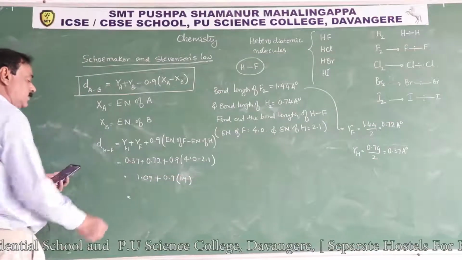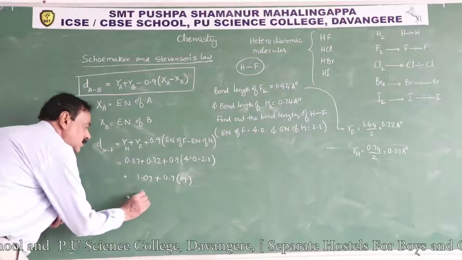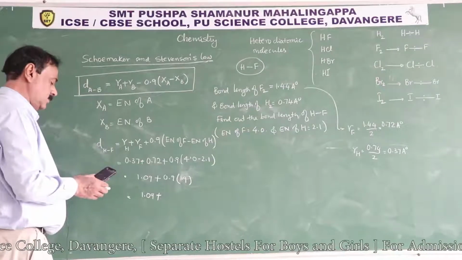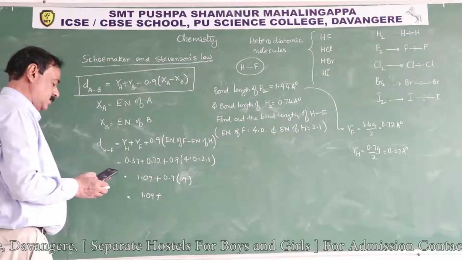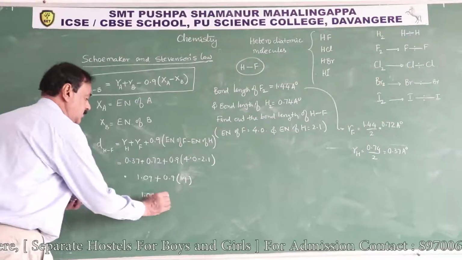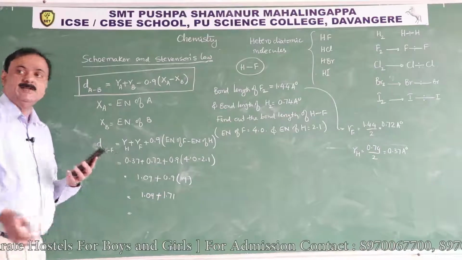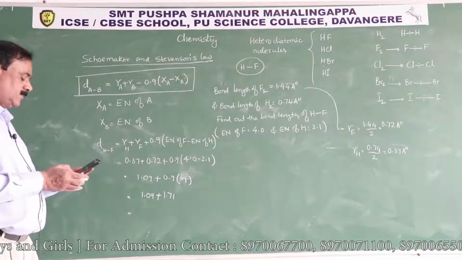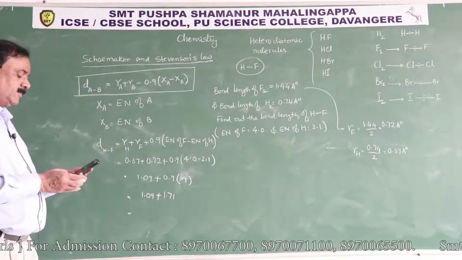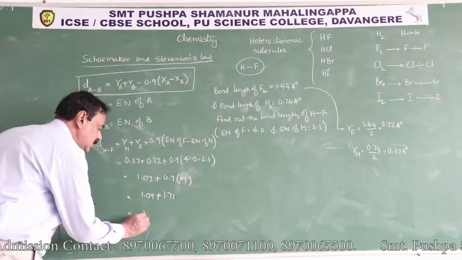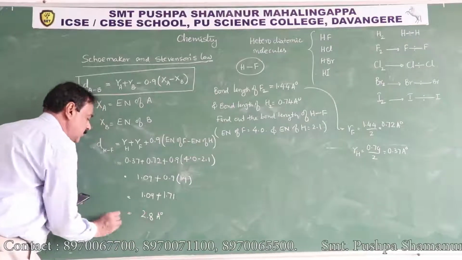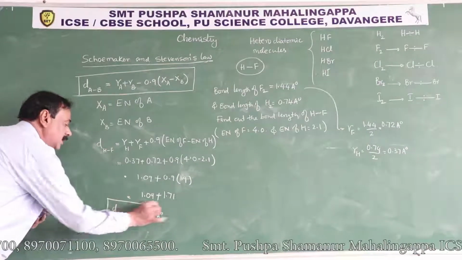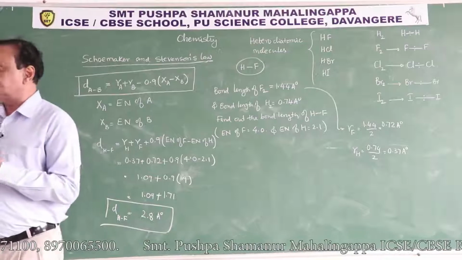What would be the value? That is 1.09 plus 1.9 into 0.9, that is equal to 1.71. Therefore, the total answer would be 1.09 plus 1.71, that is equal to 2.8 Angstrom unit.